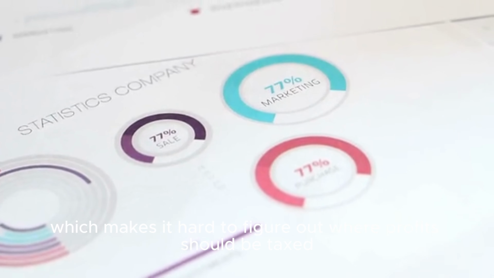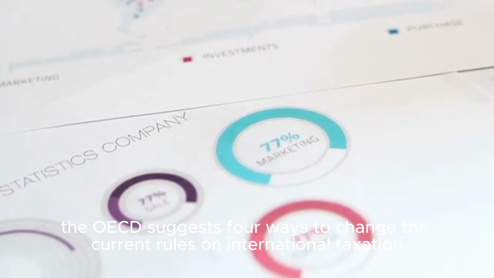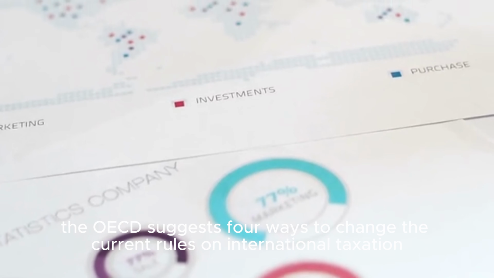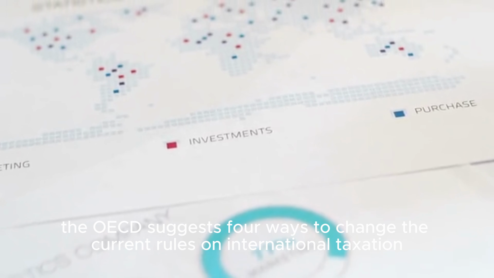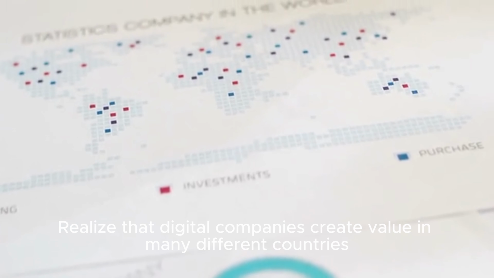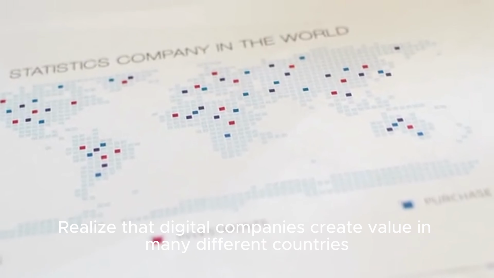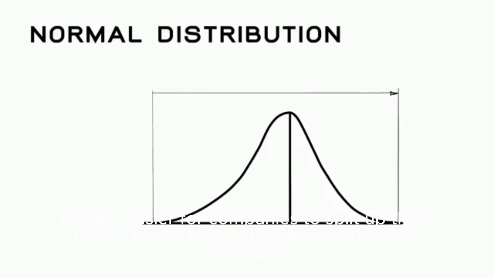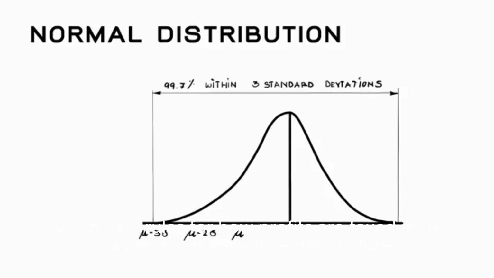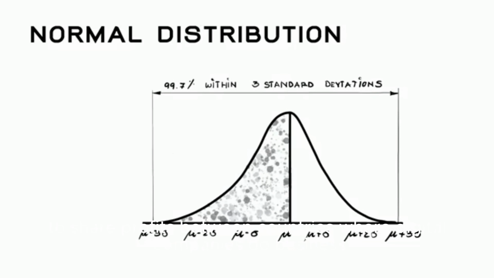To fix this problem, the OECD suggests 4 ways to change the current rules on international taxation. Realize that digital companies create value in many different countries. Make it easier for companies to split up their profits based on where they create value instead of where their physical operations are located. Set up new rules for how profits are taxed in the digital economy, and agree on how to share profits between countries where digital companies do business.